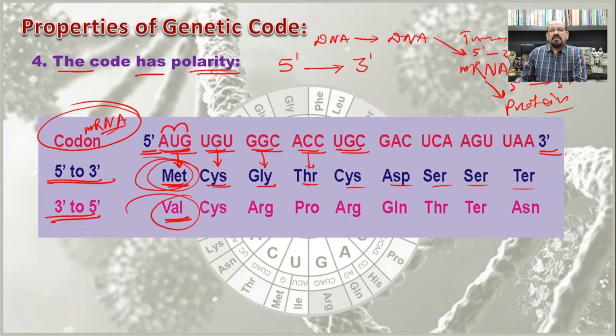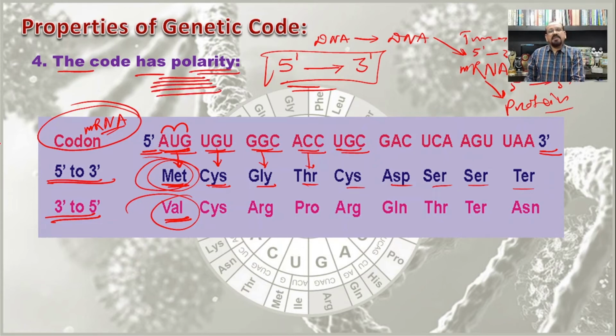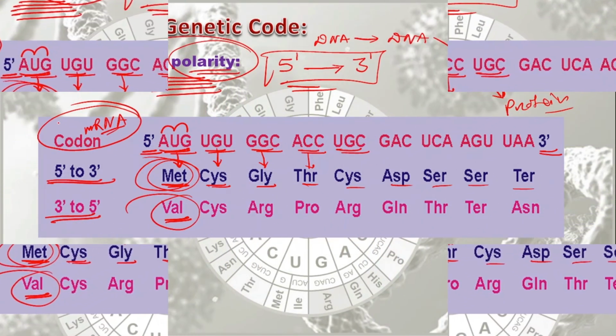It means that only the 5' to 3' direction is used to read the information on the mRNA, and hence we can say the codons are read properly, and hence the genetic code has polarity.